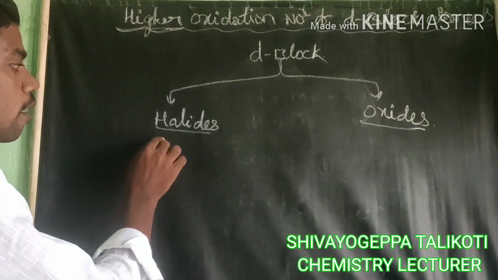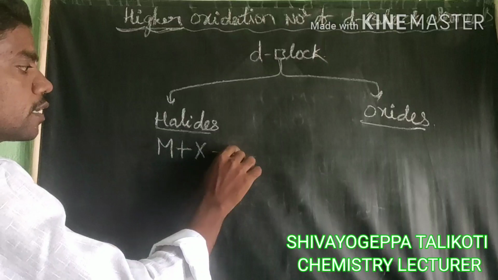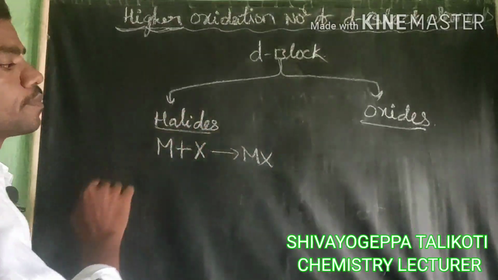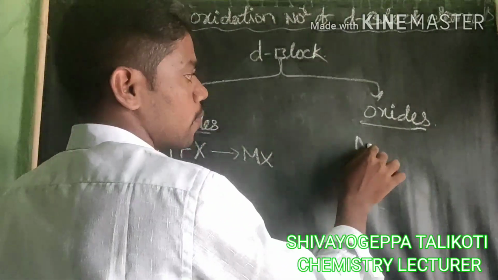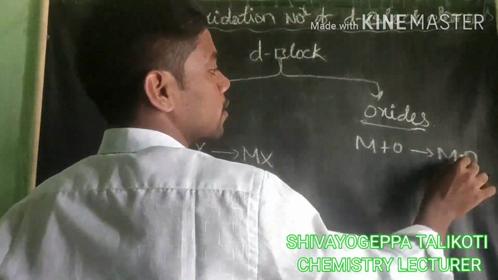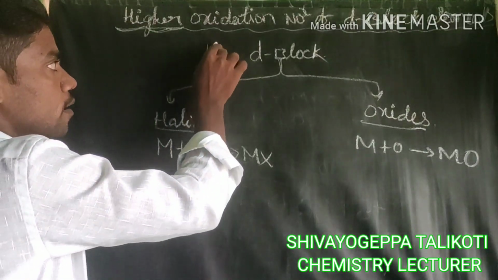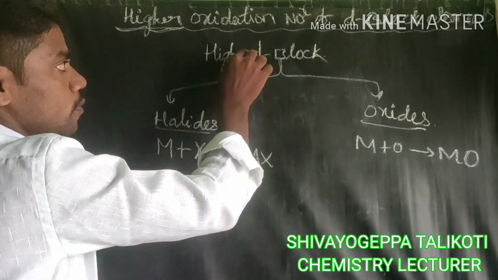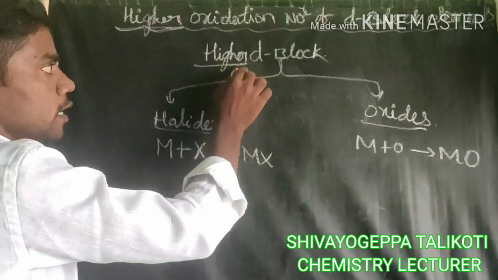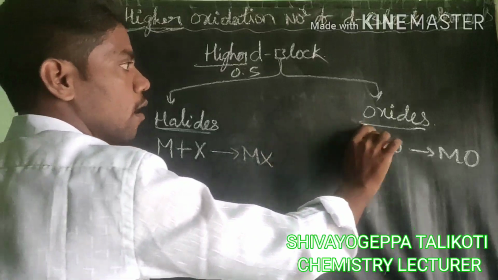We know that D block elements react with halogens to form metal halides, and react with oxygen to form metal oxides. Therefore, all D block elements exist in higher oxidation states only in the form of halides and oxides.